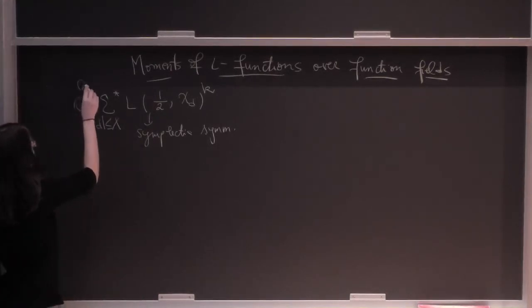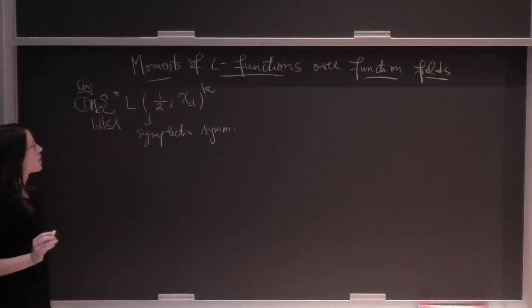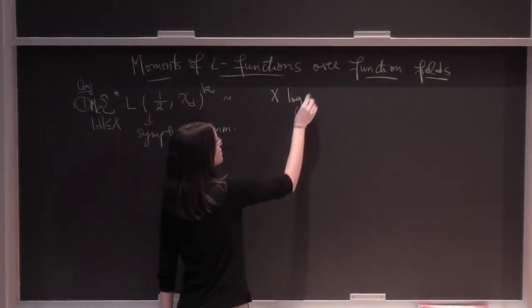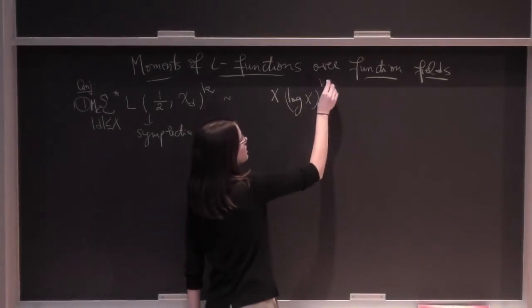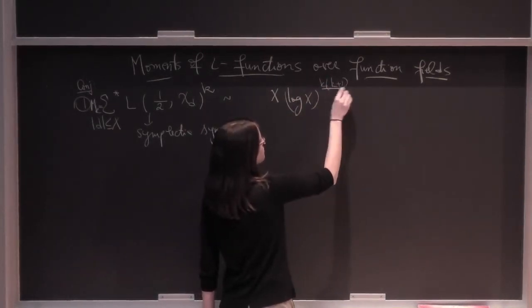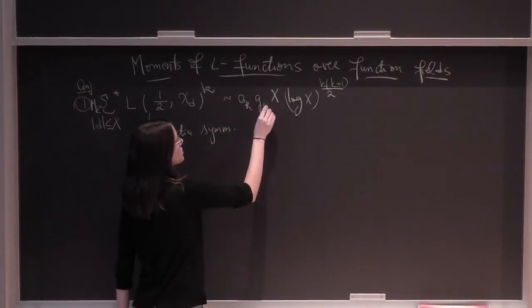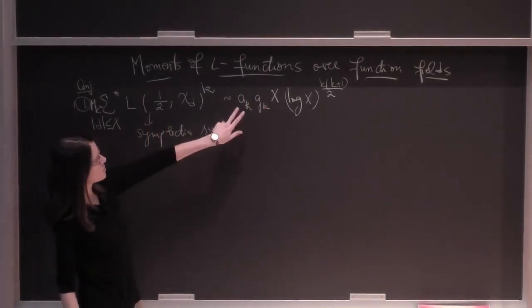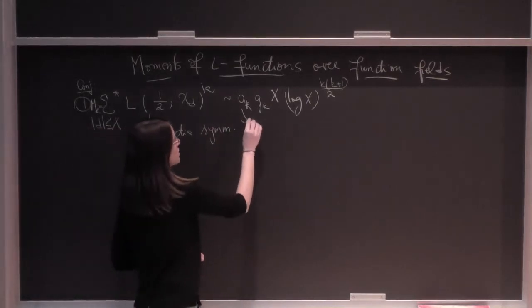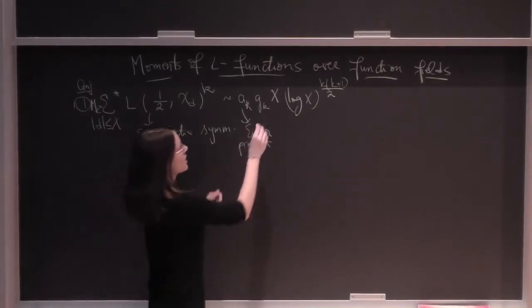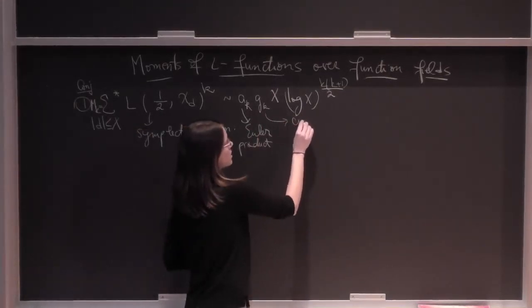Their conjecture is that the kth moment should be asymptotic to x (log x) to the power of k(k+1)/2, times a constant. I wrote this constant as a product of a_k, an arithmetic factor given by an Euler product, which is pretty easy to compute, and g_k, the factor which comes from random matrix theory.